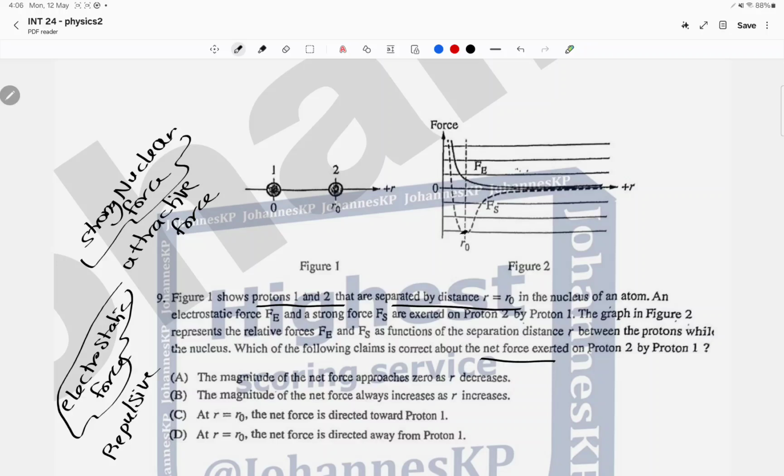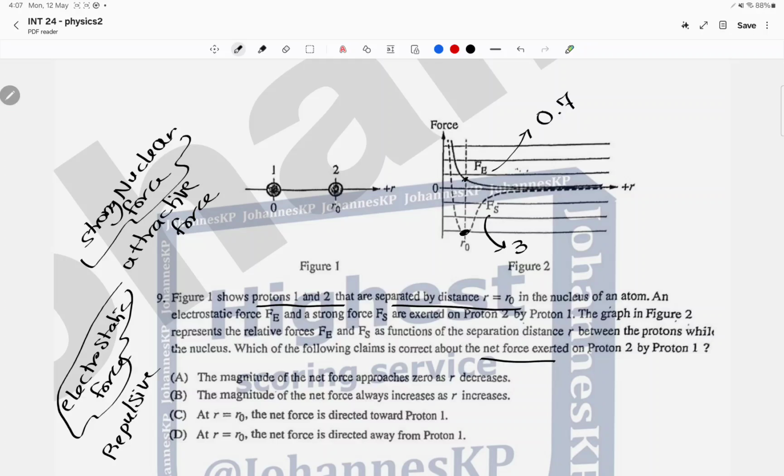Which one is higher, the Fs or the Fe, magnitude-wise? How much is the Fe here? Let's say it's 0.7 scale units. How much is the Fs? 1, 2, 3, right? So which one is stronger? Fs. And Fs means what? Strong nuclear force.